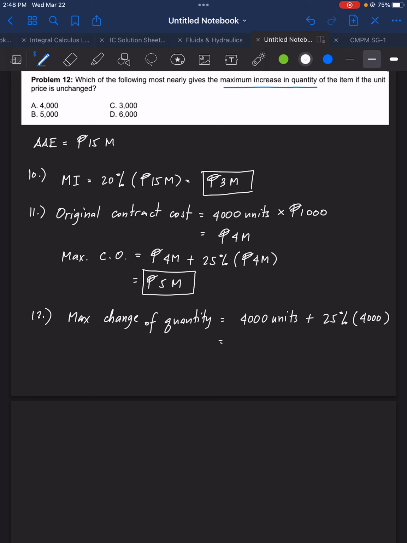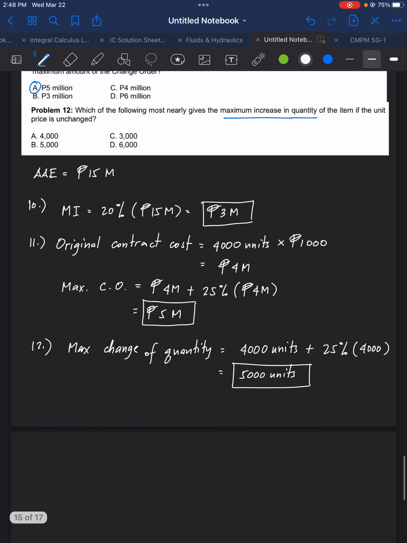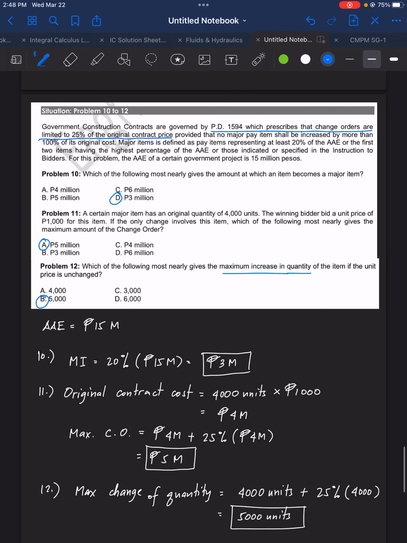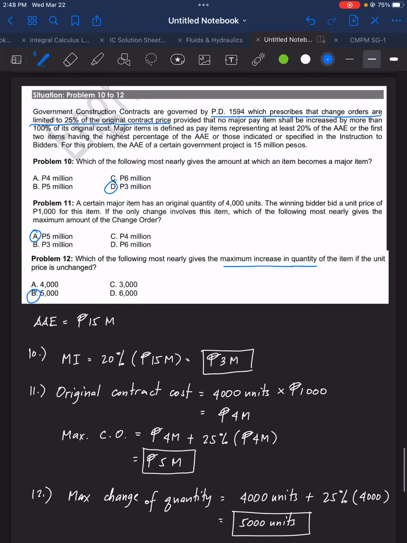Okay. So that is equal to 5,000 units. So for problem number 12, the answer there is letter B. Okay, so that's for problems 10 to 12. Screenshot them.